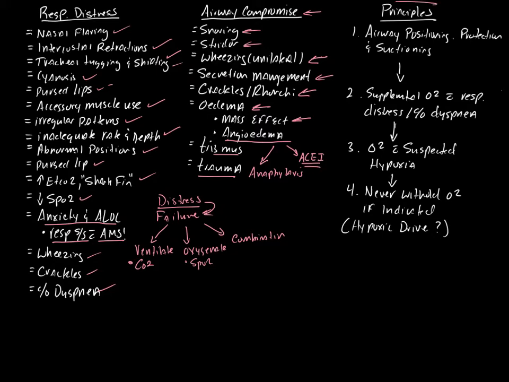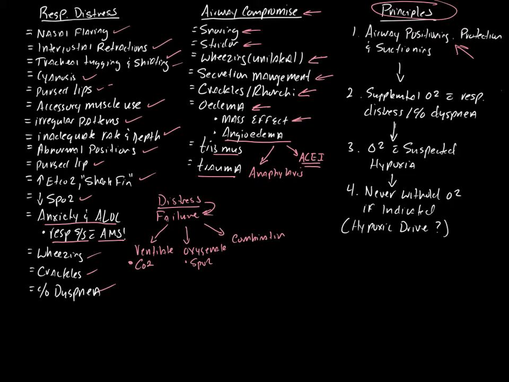So just some general principles of airway management. You guys should know this stuff. So first and foremost, positioning that airway, protecting it, and suctioning it, right? That's one of the first things that we do when we suspect airway compromise, right? We open it, we position it, we protect it, and we suction it if needed, right? And sometimes we might need a suction before we bag, right?